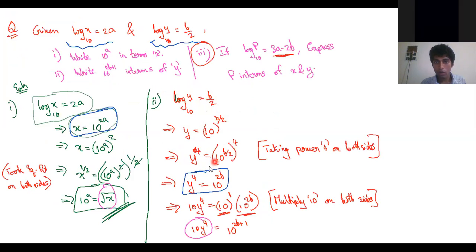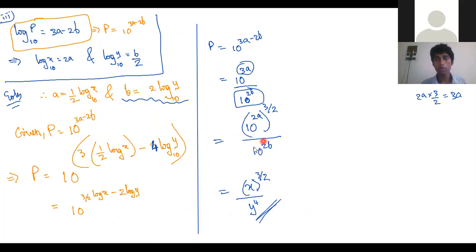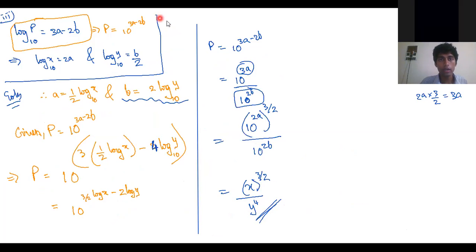So y power 4 is equal to 10 power 2b. We derived this in the last part. So instead of 10 power 2b, can I substitute y power 4? Is that okay? That's what I did. Instead of 10 power 2b, I'm substituting y power 4. Is it understood?